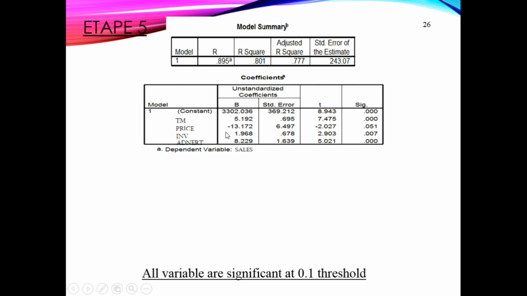Contrarily, you will see that sales move in the opposite direction to price, meaning that when price increases, sales decrease, and when price decreases, sales increase. Very precisely, when price increases by 1%, sales will decrease by 13.17%.